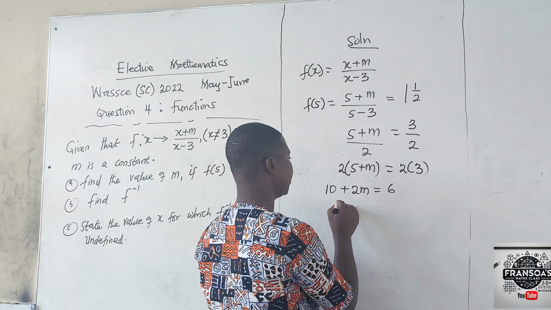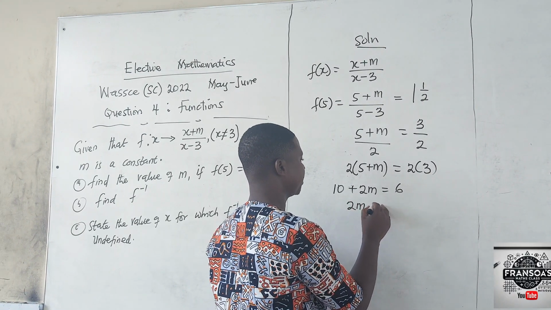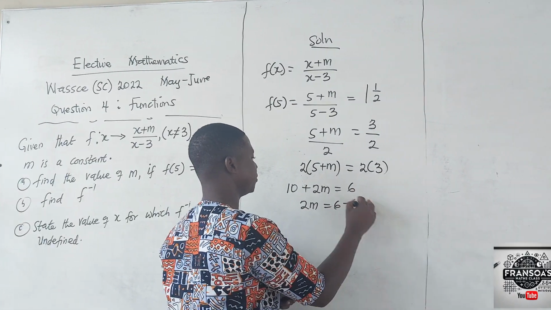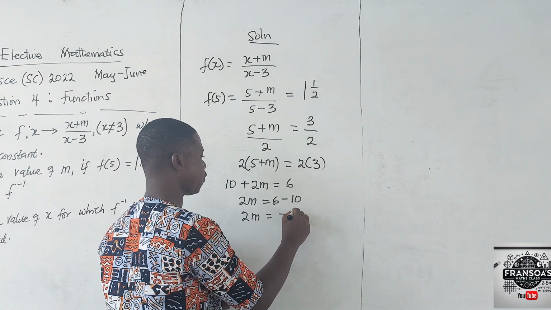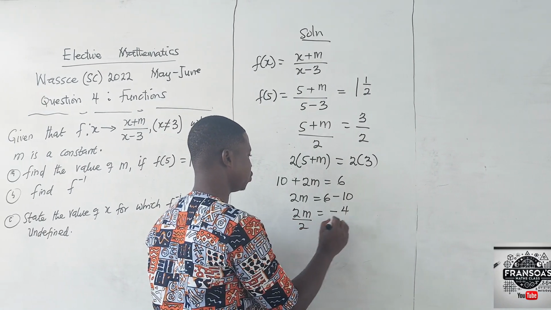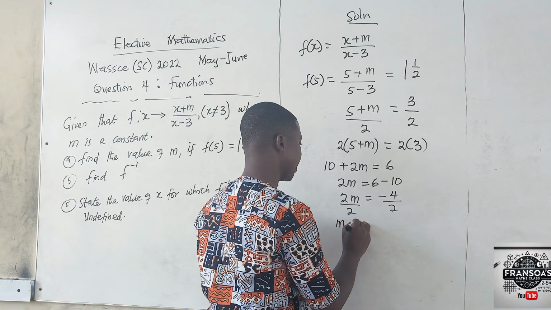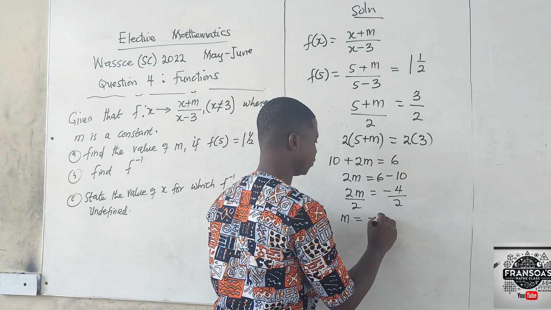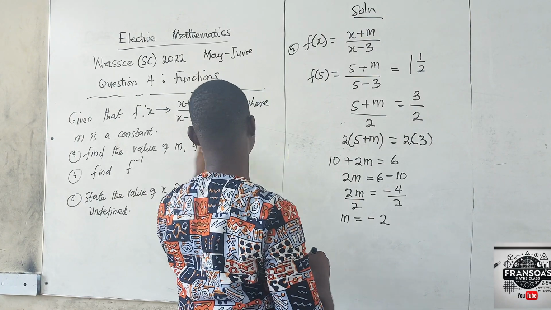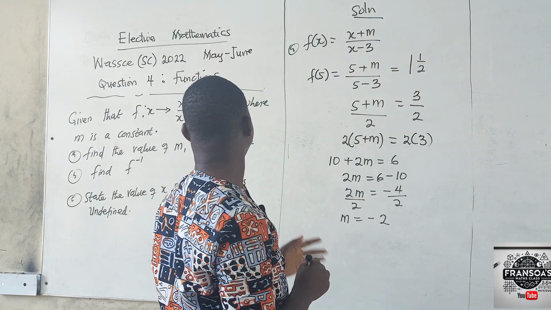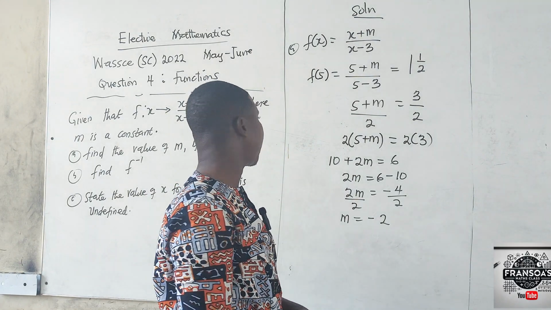So we send this one here: 2m is equal to 6 minus 10. 2m is equal to negative 4. Divide by 2 on both sides. So our m is equal to negative 2. We are done with the first part, because the question was asking us to find m if f of 5 is equal to that.